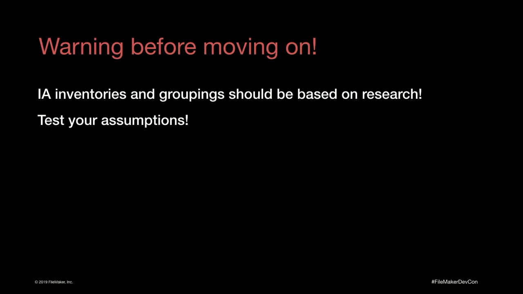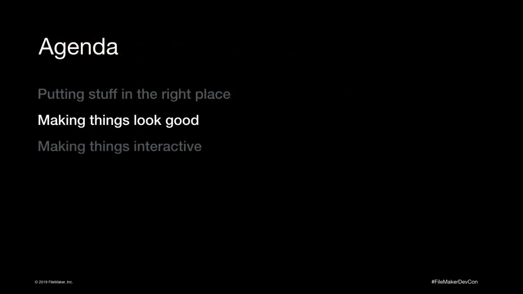None of this means anything if it doesn't work for your users. All of this IA, inventories and stuff that you should be doing should be based on research with your users, understanding their needs, their questions, how their work happens. If you're just taking a guess and stabbing at it yourself, you're probably going to be wrong. So test your assumptions, work with your users and understand what they're trying to do.